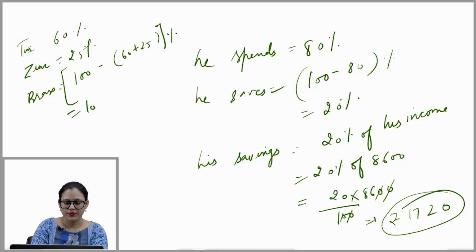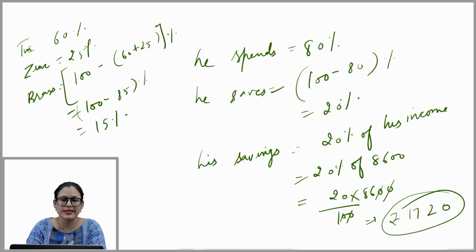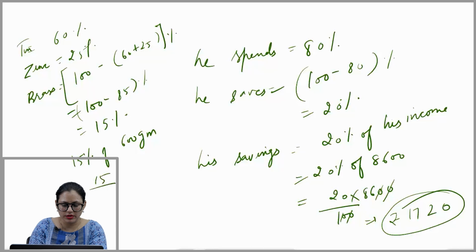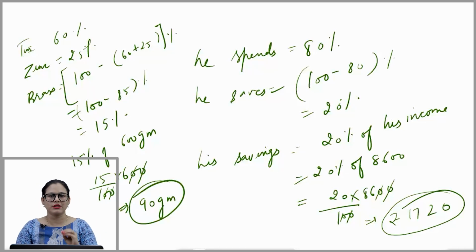So 100 minus 85 is equal to 15%. Okay, so we have to find out the quantity of brass also. So the quantity of brass is 15% of 600 grams. Okay, 15 upon 100 into 600. 2 zeros go, and 15 6s are 90. So 90 grams is the quantity of brass, and do not forget to write the unit.